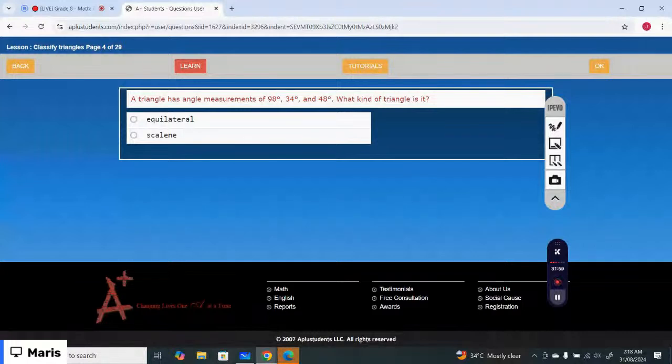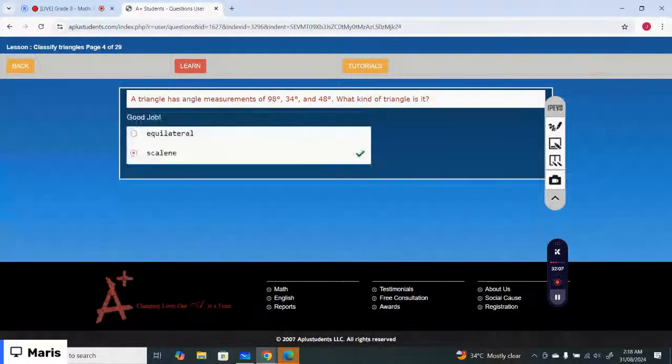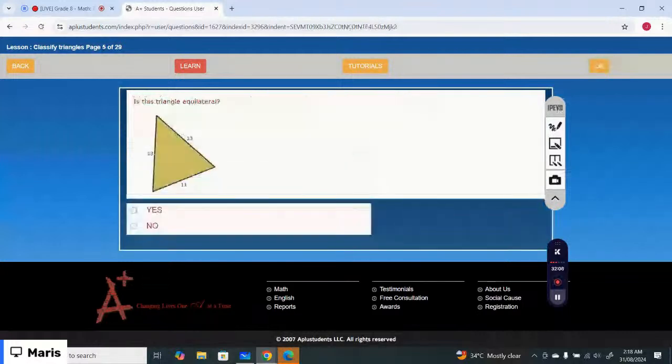That is a scalene triangle. You can see all three angles are different in measurement. So that is the scalene triangle. Is this triangle equilateral? Which is the correct option?